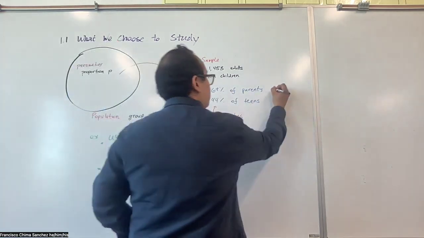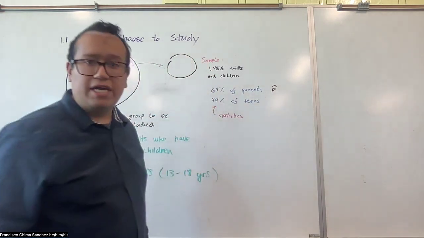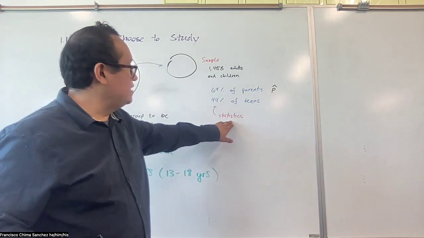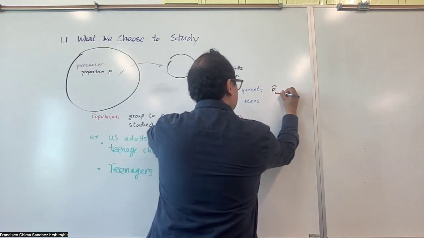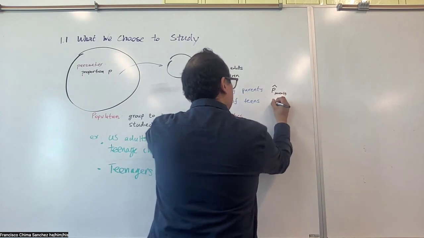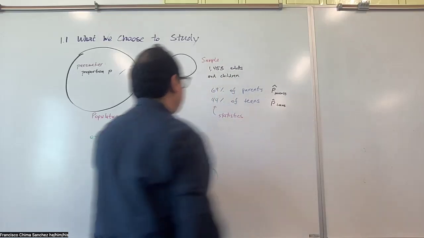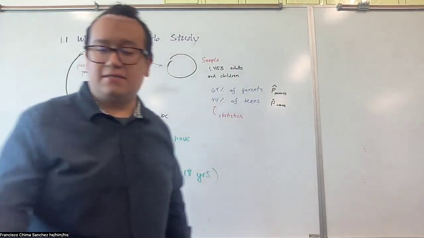So we have this notation that indicates that it's a statistic for parents and for teens. And maybe we're interested in the population proportion for parents and for teens.